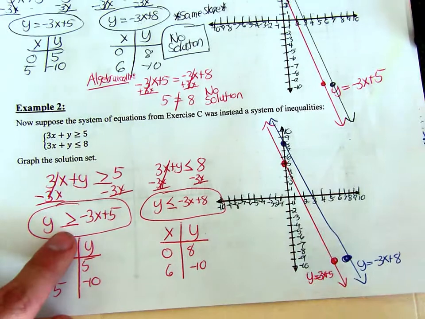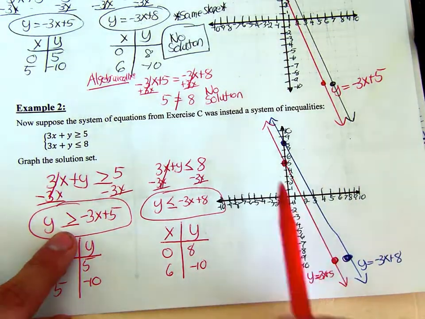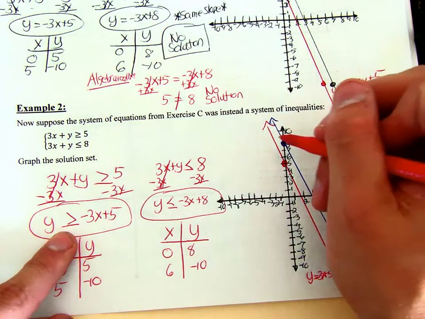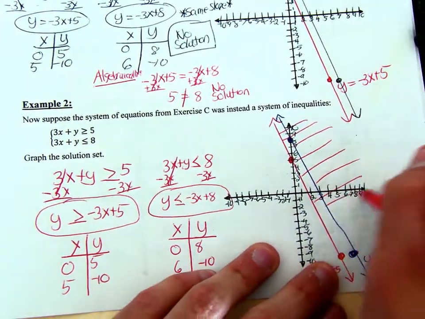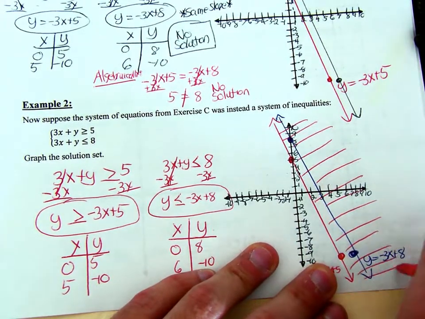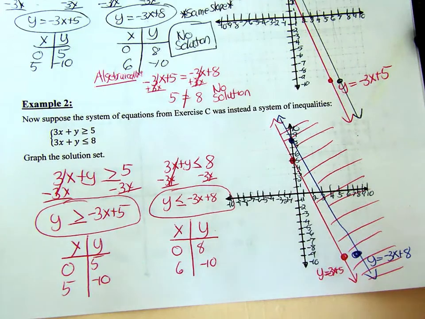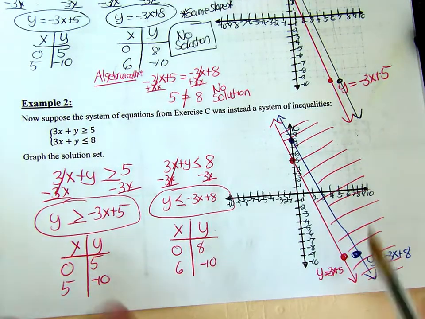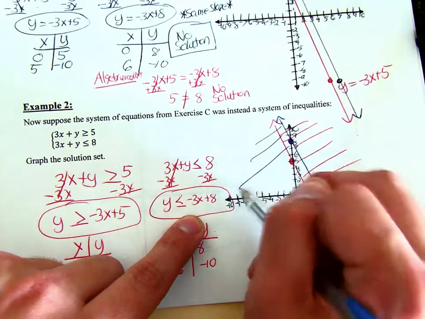And here, for this first one in the red, I'm going to shade above. So I'm going to shade above negative 3x plus 5. So I'm just going through and I'm shading above. Okay? Then I'm going to go to my blue one here and I'm going to shade below. So I'm going to go on this blue line, negative 3x plus 8, and I'm going to shade below.